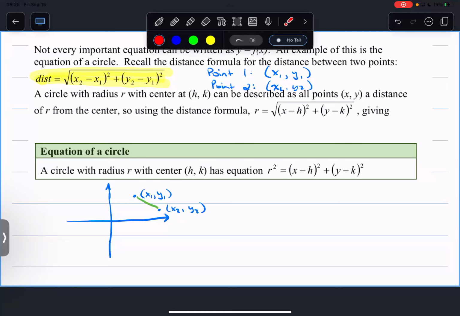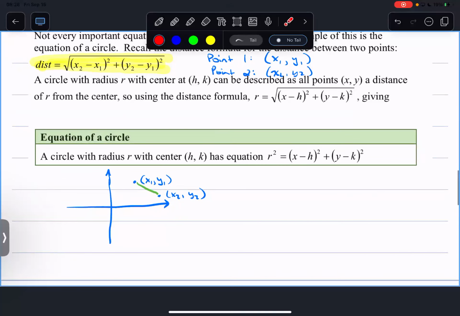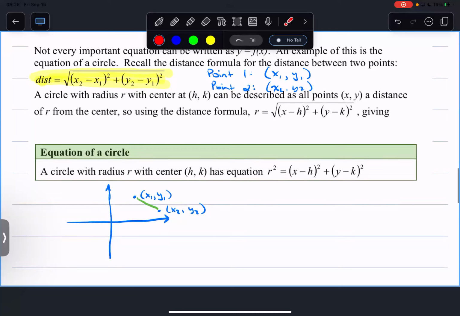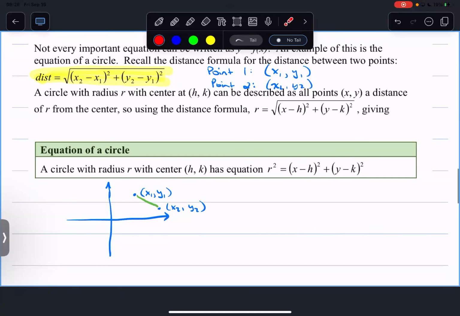Kind of a more sophisticated function right away, but this is the distance formula. Function. Or is it? No, but I can't support that right now. I'll think on it.